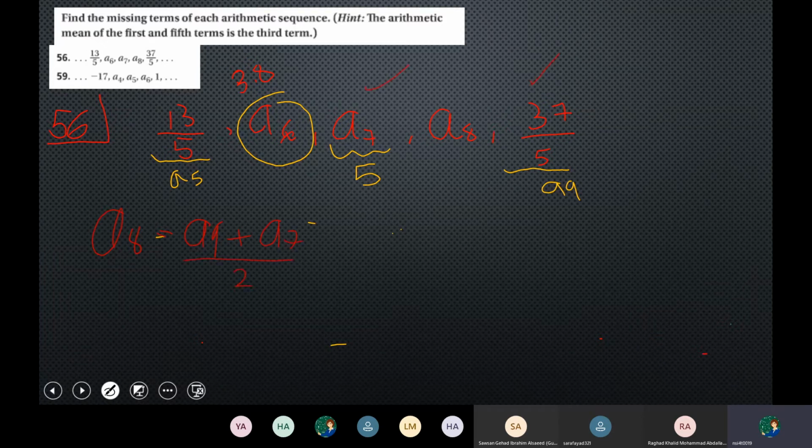I will add this one plus this one, which is 37 over 5 plus 5 over 2, which are 37 plus 25 over 5, over 2. 37 plus 25 is 62 over 5 over 2. They are 62 over 10, or 6.2. This was number 56. Is it clear? Yes.